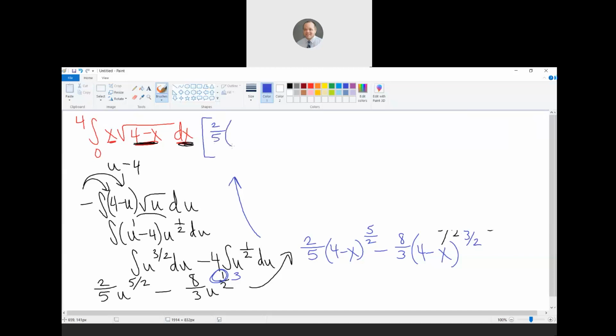So we have 2/5 times 4 minus 4 to the 5 halves power minus 8/3 times 4 minus 4 to the 3 halves power. And actually, in both parentheses, you get 0. So this whole entire first part is nothing but 0.